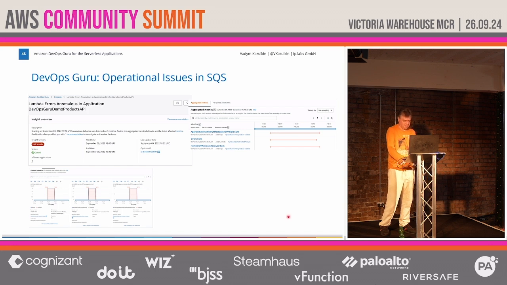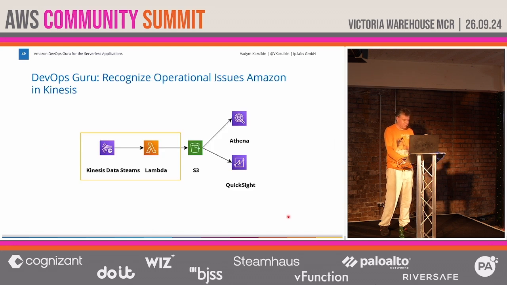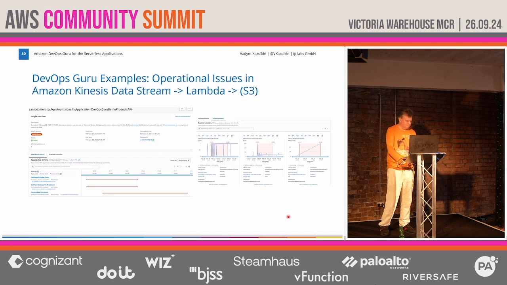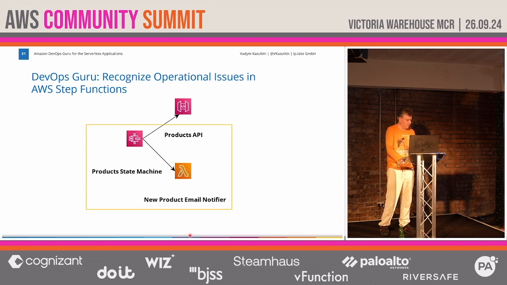Very cool stuff. We tested the same on Kinesis streams: Lambda pulled records from Kinesis and ran into an error. The same was recognized: Lambda error, Kinesis GetRecords error. Similar situations, since there are so many asynchronous services, and you see the whole picture directly of what might be wrong. The same is true with Step Functions.